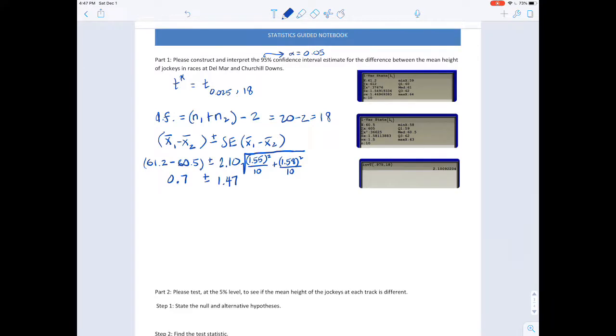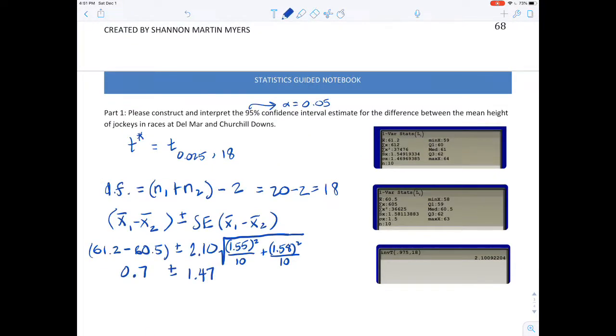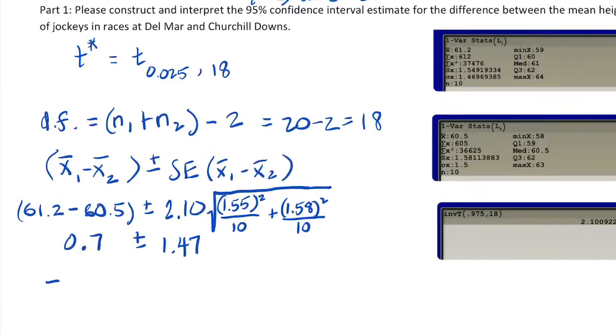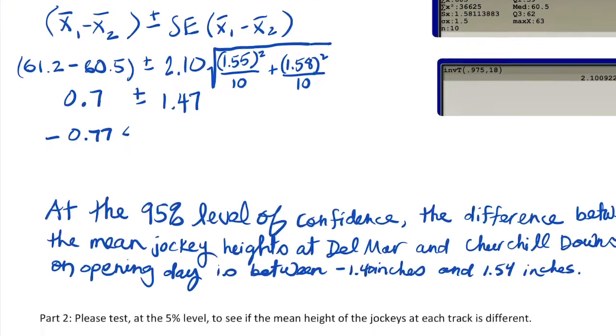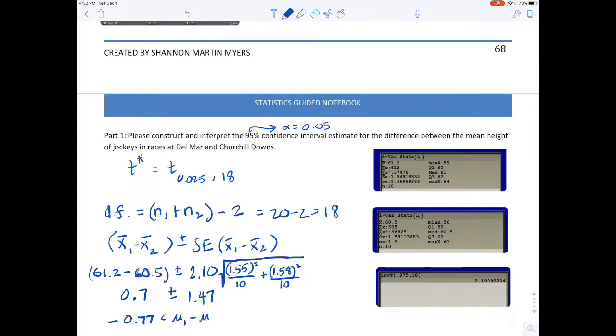Okay, so my interval of likely values will be, if I subtract, negative 0.77 is less than mu1 minus mu2, which will be less than, if I add, about 2.17.